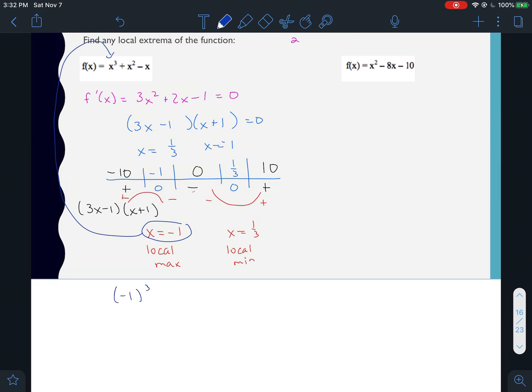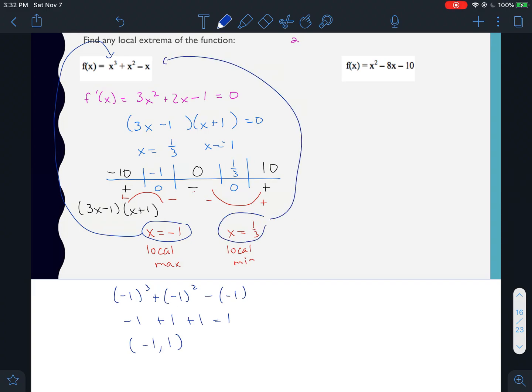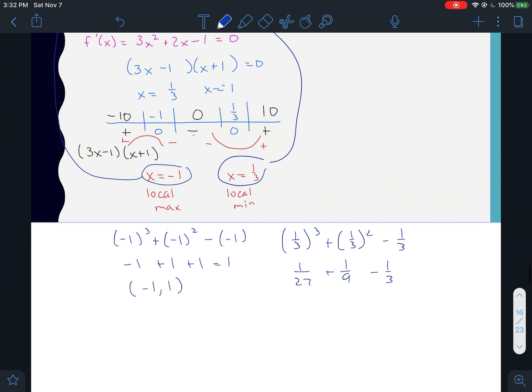So if I plug in -1, then I get -1 cubed plus -1 squared minus -1. So this would be -1 plus 1 plus 1, which would be 1. So I have a local maximum at the point (-1, 1). And then I could take 1/3 and plug it back in, and I would get 1/3 cubed plus 1/3 squared minus 1/3.